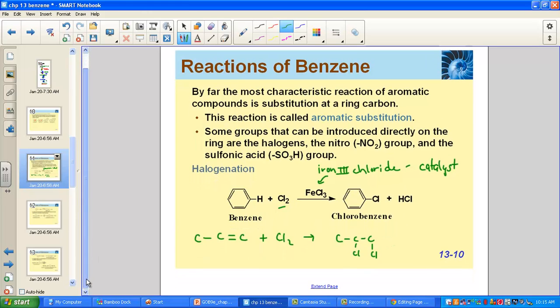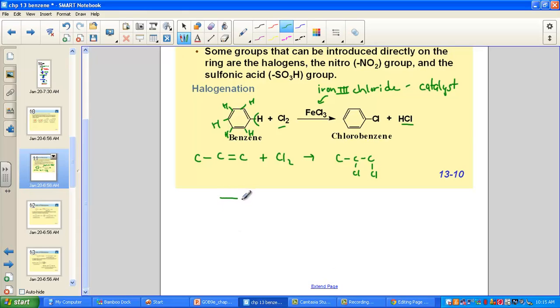Any of the carbons in the benzene ring has a hydrogen. Just to remind ourselves, our formula C6H6 does indeed have a hydrogen on each carbon, so it is not selective where the site of attachment is. One of those hydrogens is cleaved off, becoming attached to the second chlorine, and the site of attachment has produced chlorobenzene.